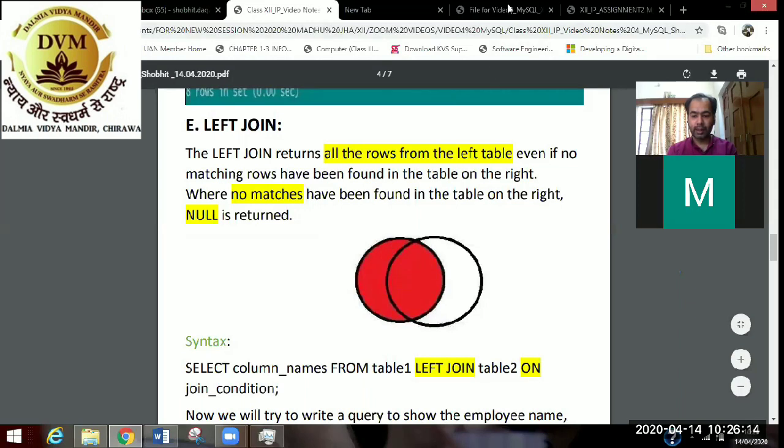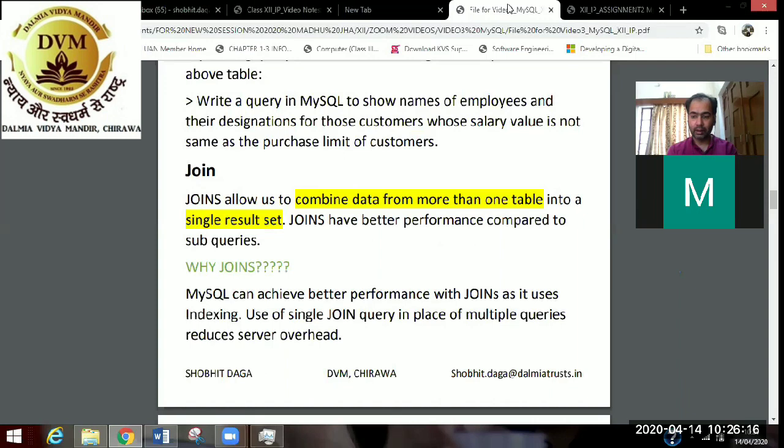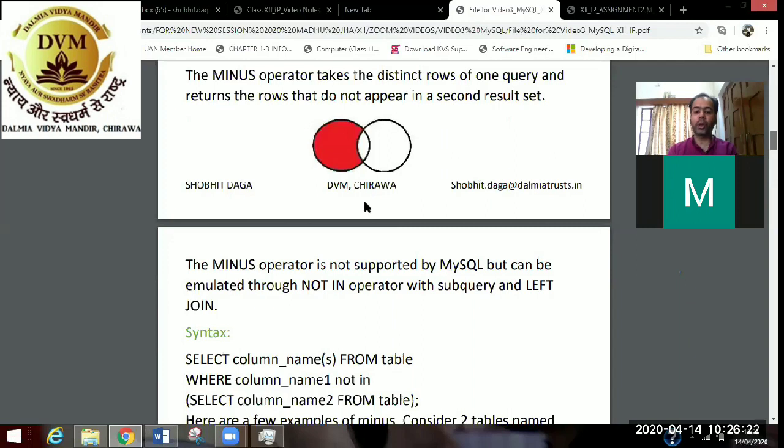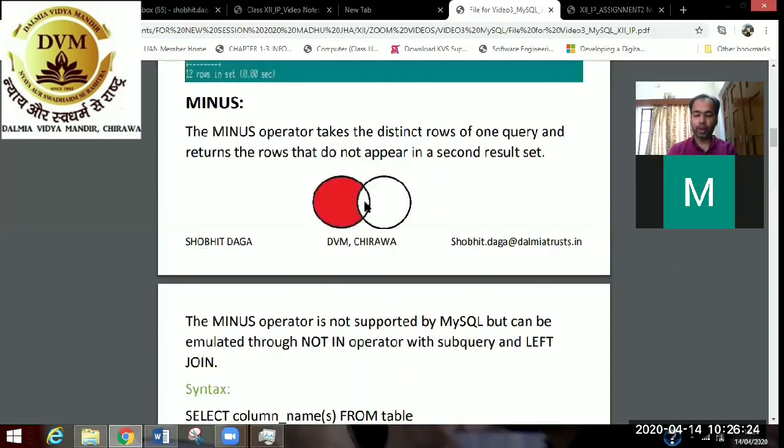Whereas the minus operation says that the common value should not be shown. So what should we do? We can always do it through left join, but there is something that we need so that the common value is eradicated and the left join works as the minus operation.